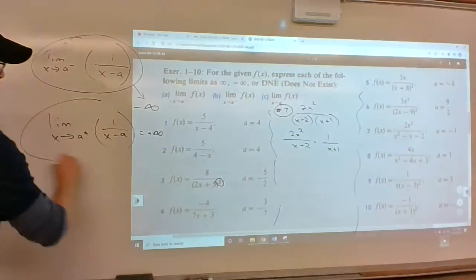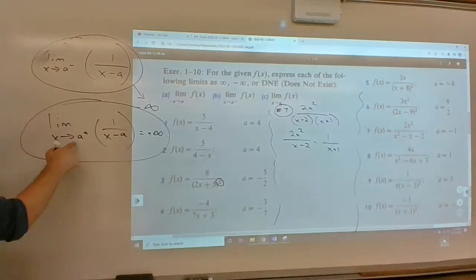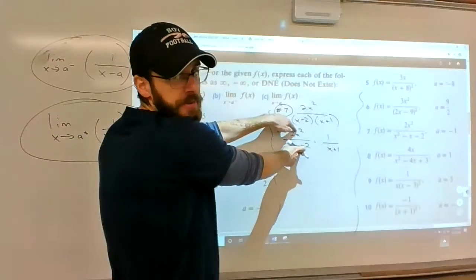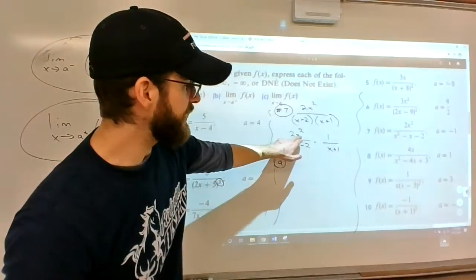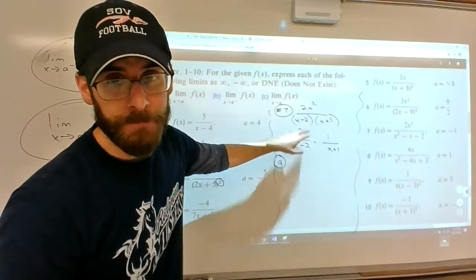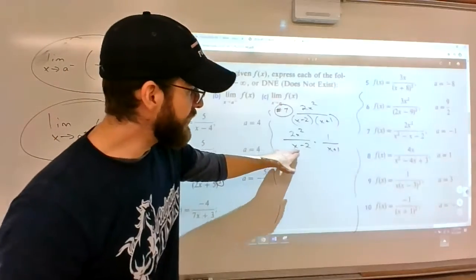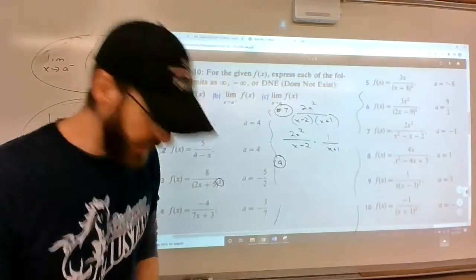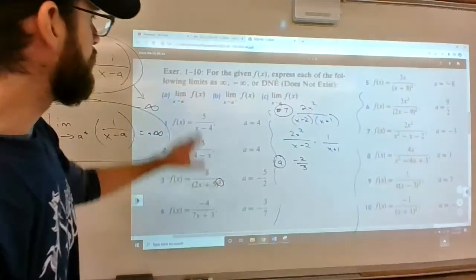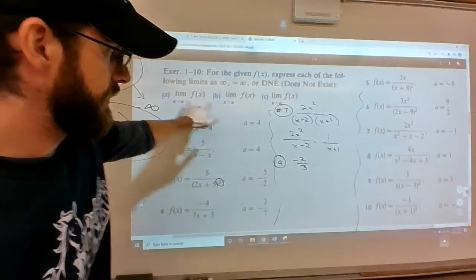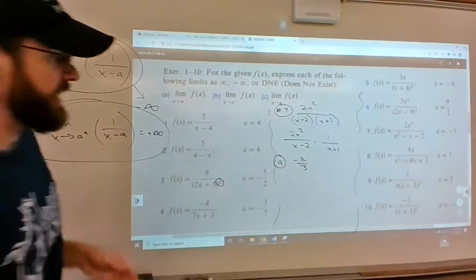So when I do both of these parts from the left and from the right, this number is going to be the same every time. So for part A, plug in a negative 1, it gives you negative 1 squared times 2. That's 2. Divided by negative 1 minus 2, negative 3. 2 over negative 3. So it's negative 2/3. From the left, we use negative infinity.